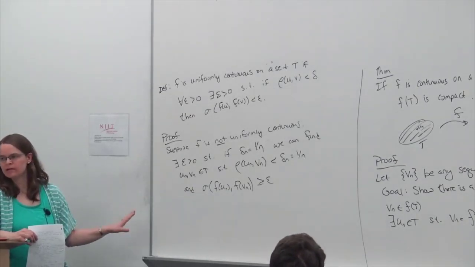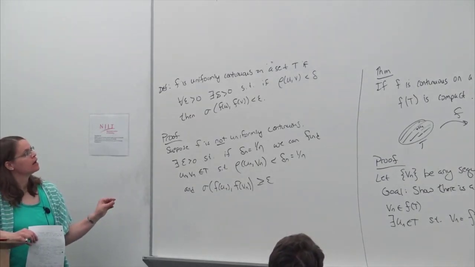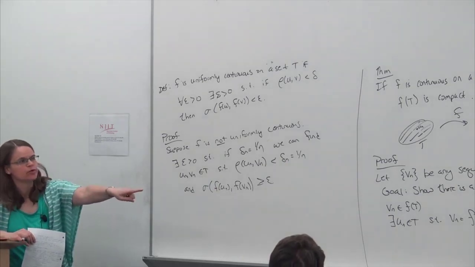So we're assuming that f is not uniformly continuous. That's the thing that we're trying to prove, that's over there.